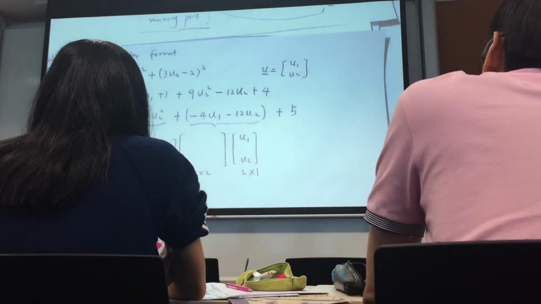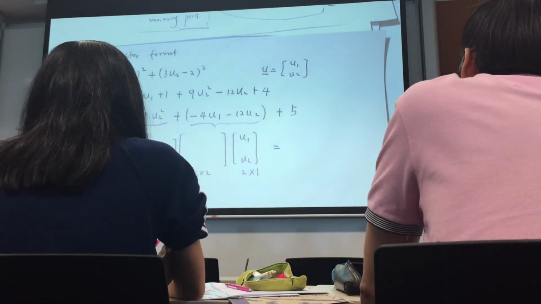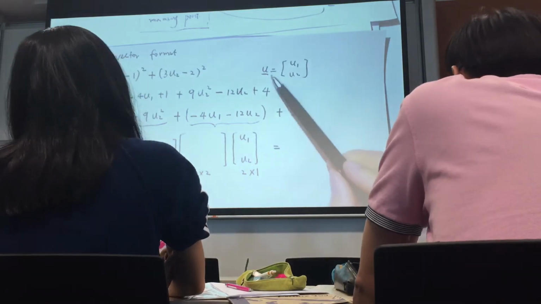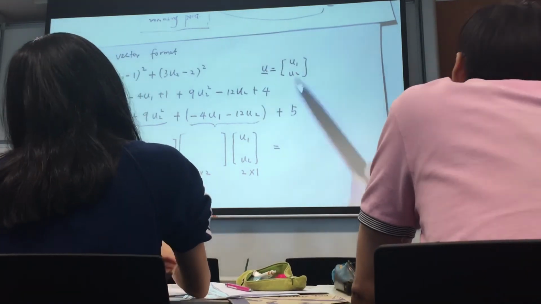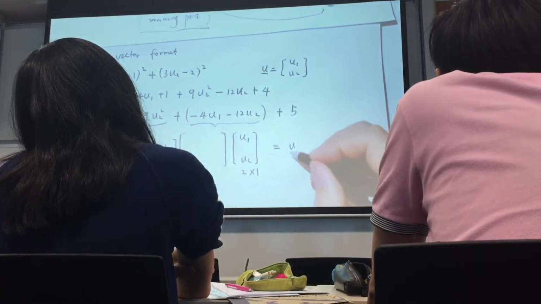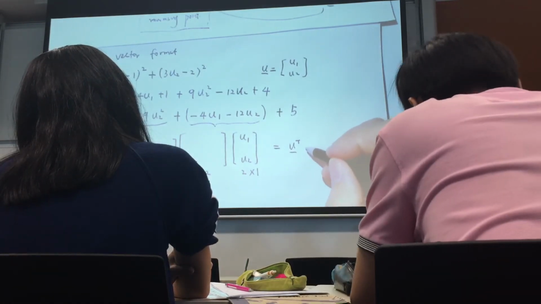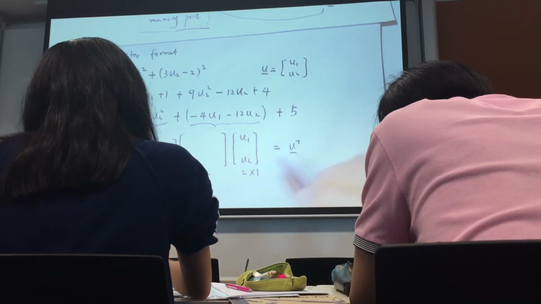And also, because this is the first dimension, this is the first motivation to choose this format. The second motivation to choose this format is we define u equal to u1, u2, a column vector. So we know this one will be u transpose. So u transpose multiplied by a matrix.